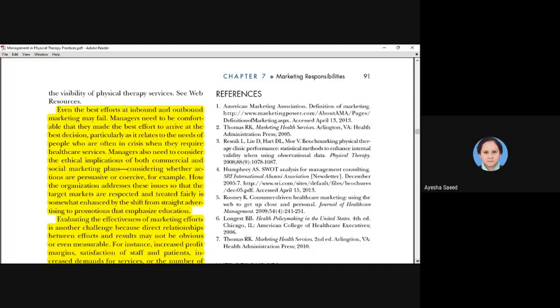Managers also need to consider the ethical implications of both commercial and social marketing plans, considering whether actions are persuasive or coercive. How the organization addresses these issues so that the target markets are respected and treated fairly is somewhat enhanced by the shift from straight advertising to promotions that emphasize education. So all these factors need to be considered.